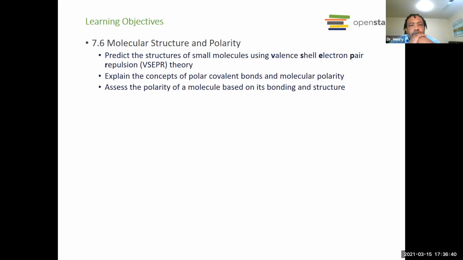You guys are all familiar with using Lewis dot structures, so it should be like a piece of cake for you, right? We're also going to be talking about bond polarity and molecular polarity and the distinction between the two. Okay, so let's go.